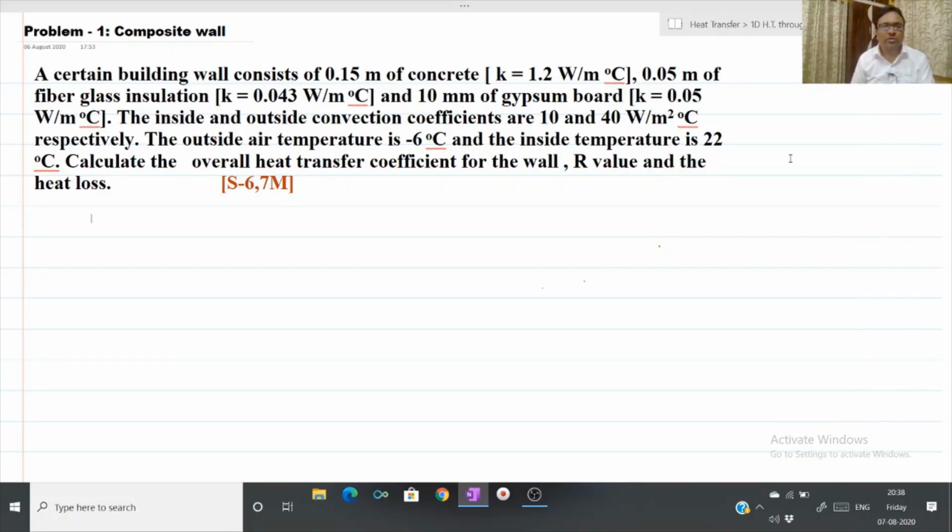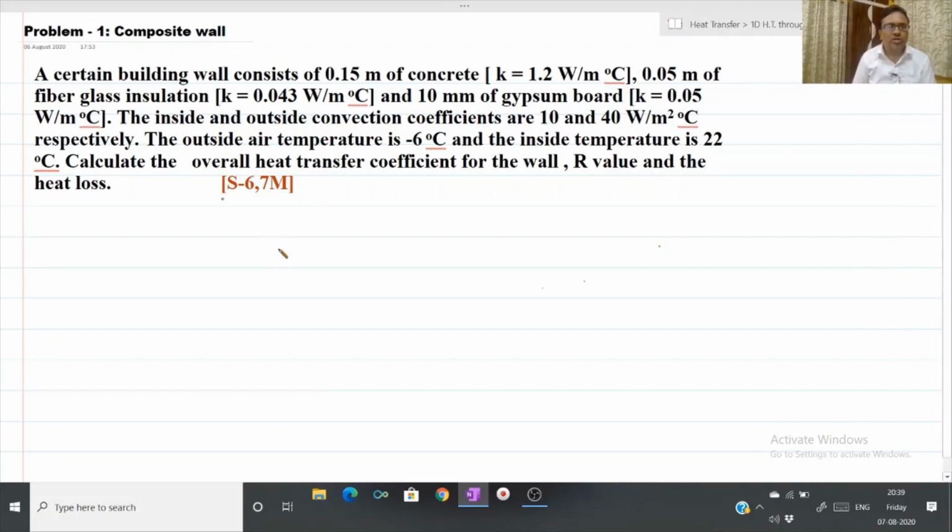In this problem, we are supposed to calculate the overall heat transfer coefficient U, then the R value, that is the total thermal resistance value, and the heat loss, that is heat transfer from inside of the room to the outside, because inside room temperature is more than the outside temperature. This is typically the condition in winter season.